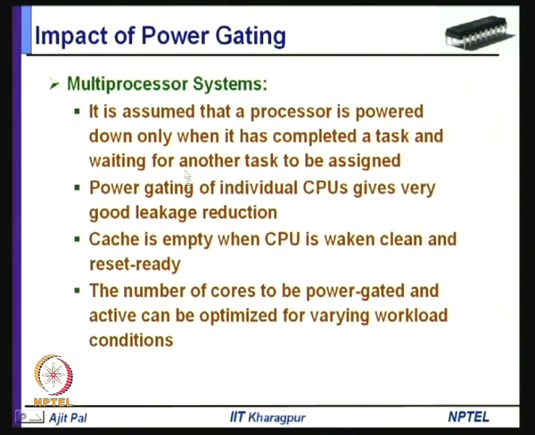In this particular case, depending on the application, your computation requirement may be different, and this is done with the help of the task scheduler, when a particular task is over. That means the cache is empty when the CPU is vacant, clean and reset ready. That means a particular processor was put to low power condition when it had completed its tasks.